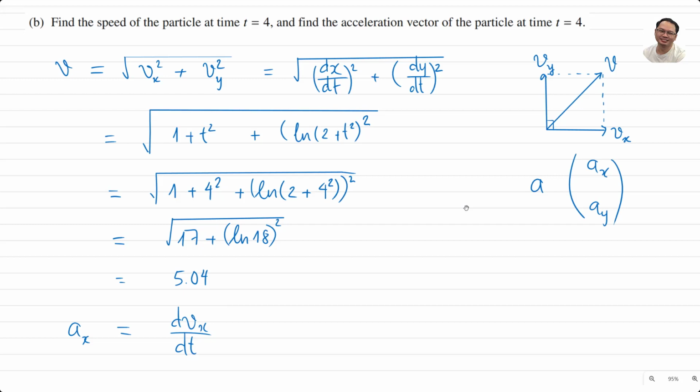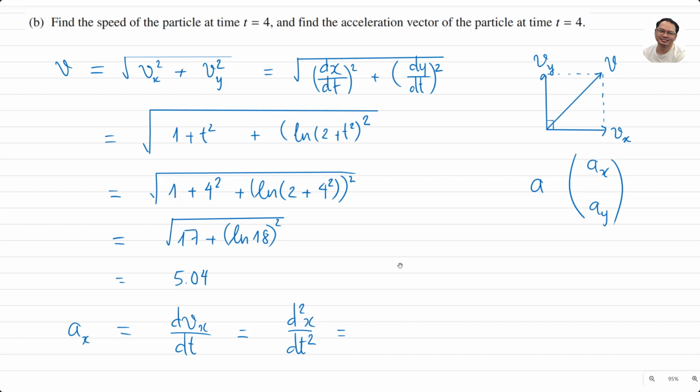That horizontal velocity is dx over dt, and we take that differentiation another time, so that is the second differentiation of the horizontal position, which means d squared x over dt squared.